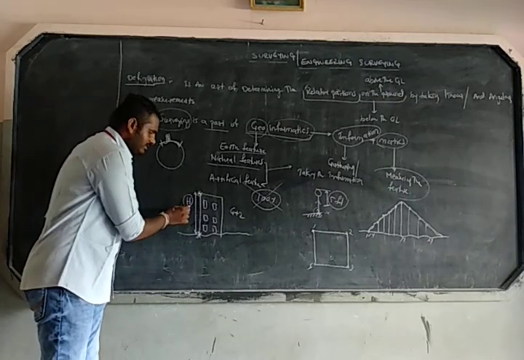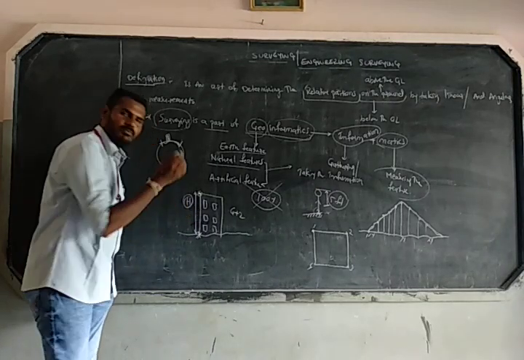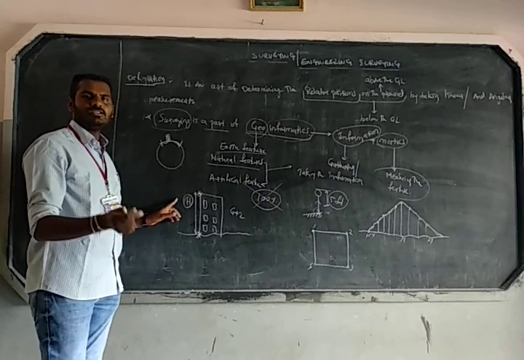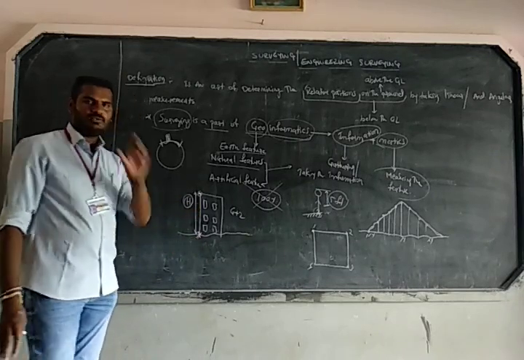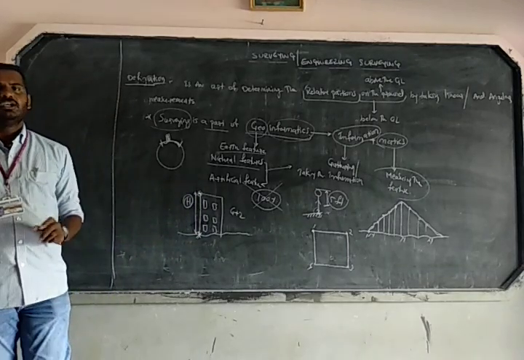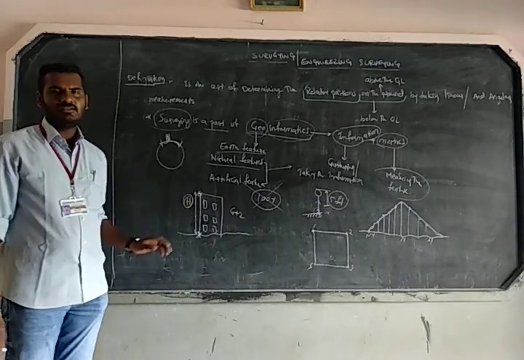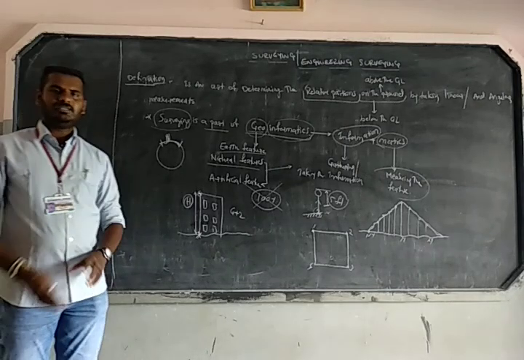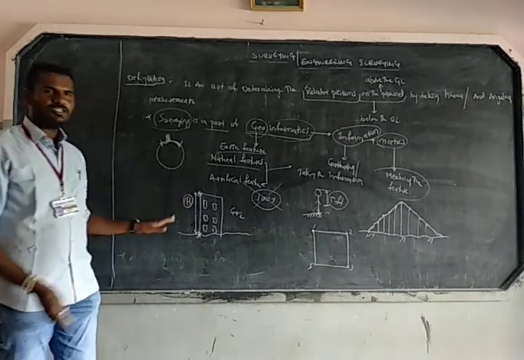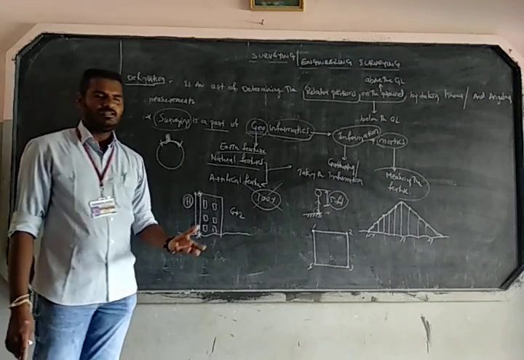So this height can be measured. You are able to calculate this height only because you identified the two reference points. If you don't know the reference points, there is no possibility to calculate the height of the building. Likewise, not only the building but everything.